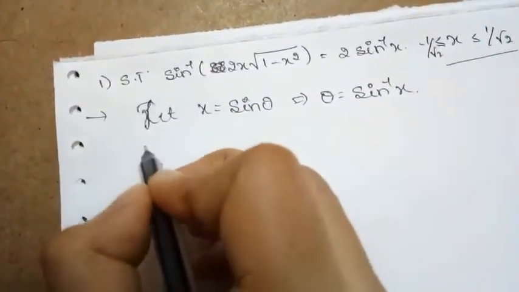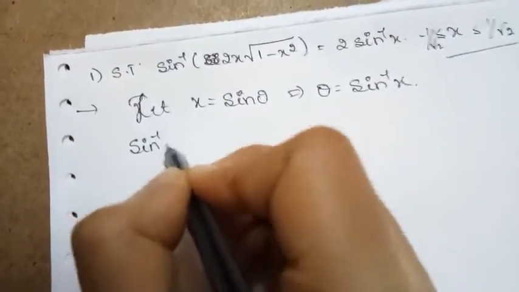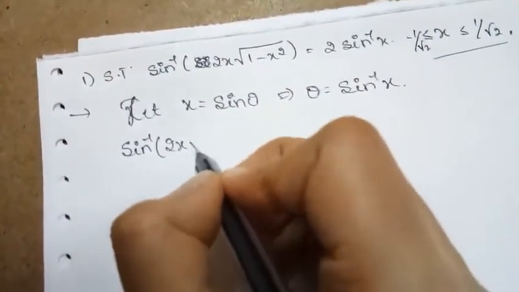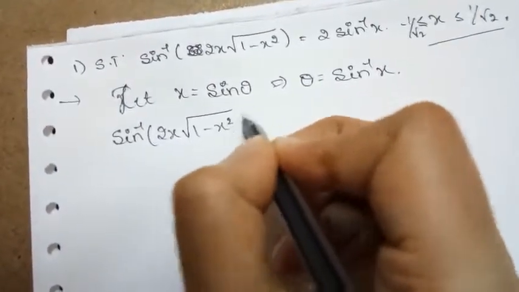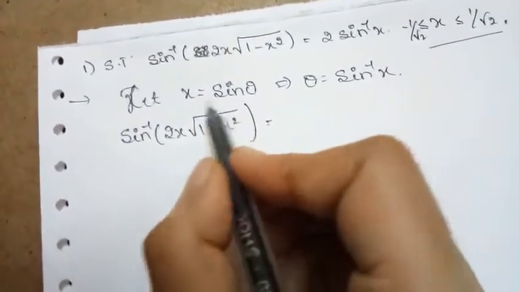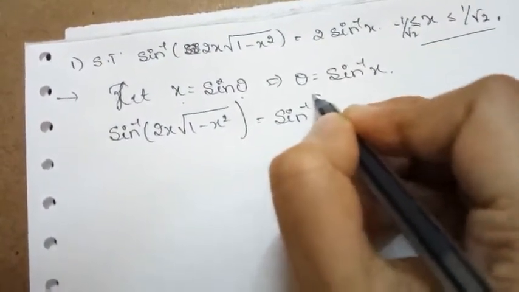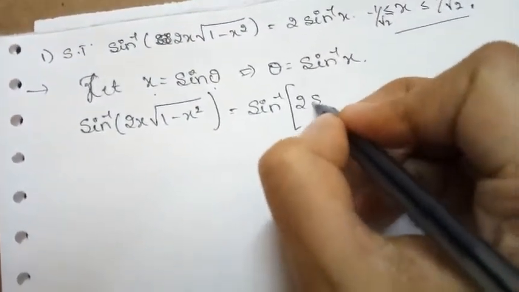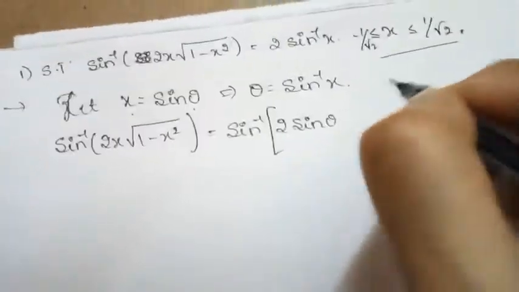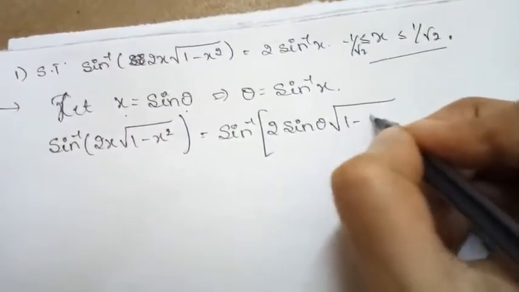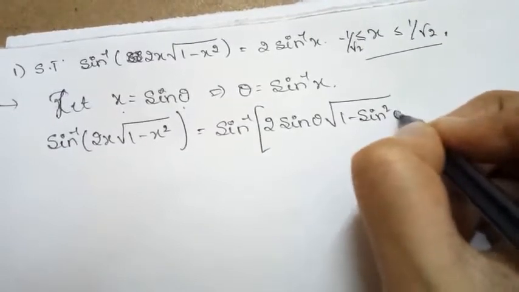Now I am considering our LHS, that is sine inverse of 2x square root of 1 minus x square. So what is our x? x is sine theta. So I am dealing with that one now. Sine inverse of 2 sine theta square root of 1 minus sine square theta.